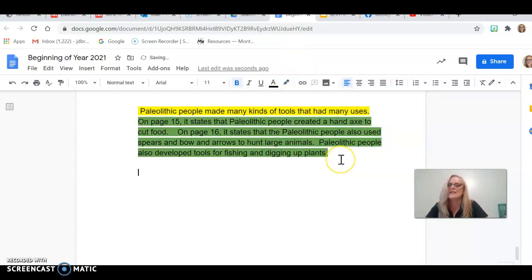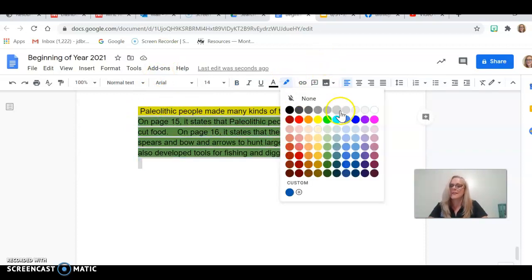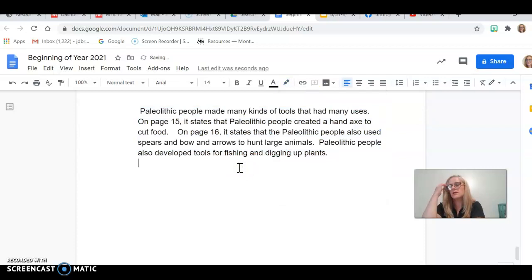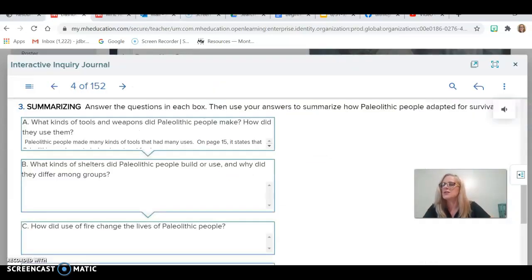we have a small problem, and that is I don't see any explanation. So I need to explain my answer. Let's go back and look at the original question. The original question was, what kinds of tools and weapons did Paleolithic people make, and how did they use them?